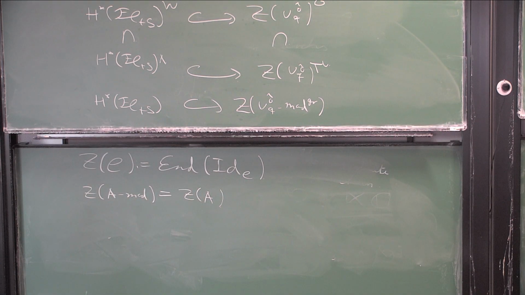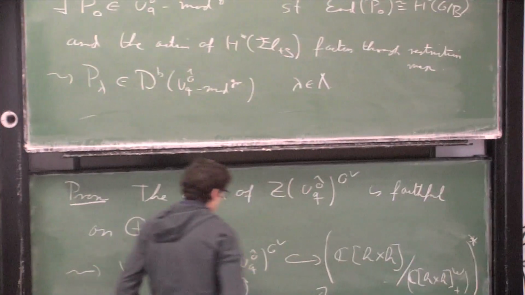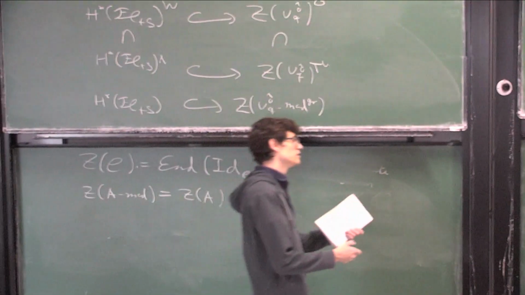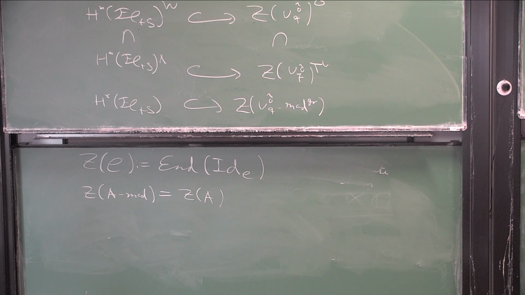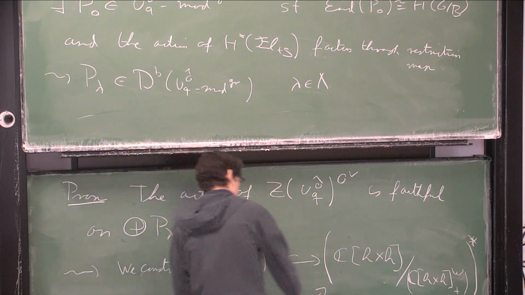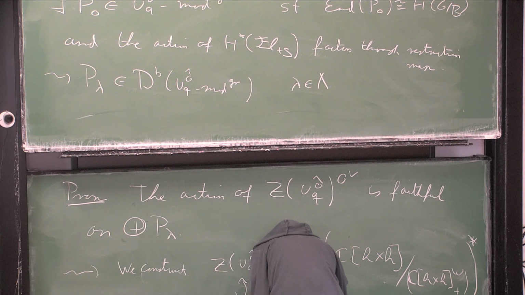And so what we have is a commutative diagram injecting here like this. And now in type A, by Haiman, these two ends have the same dimension, so this is an isomorphism.